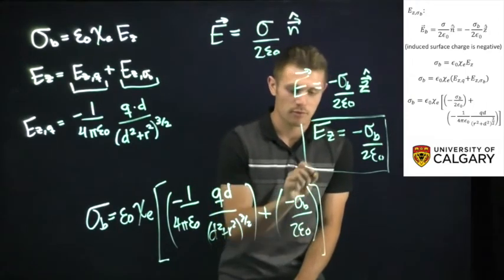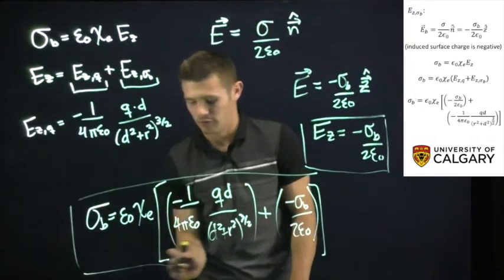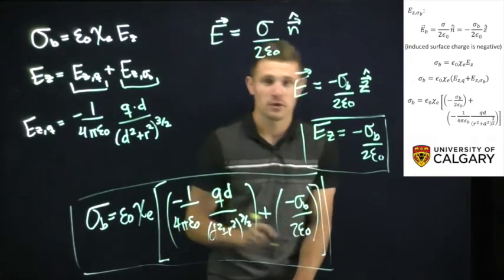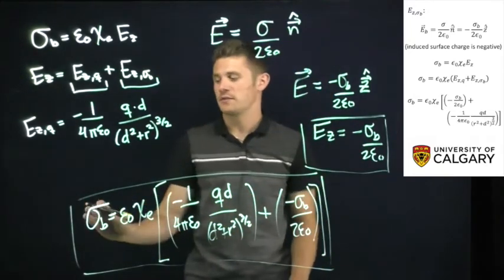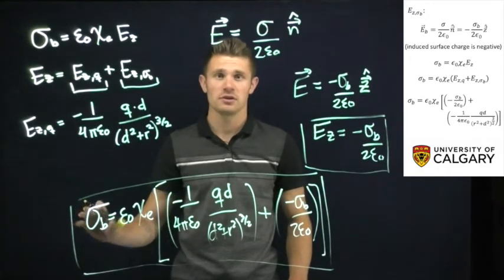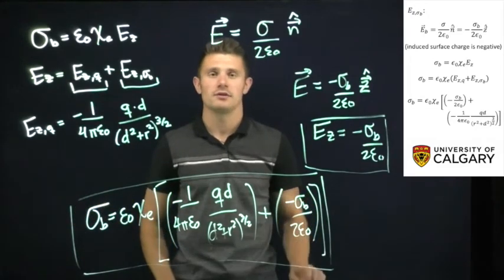And the next step will be to solve for this induced surface charge sigma b, which is more challenging in this case because we have a sigma b on the left-hand side of the equation and we have a sigma b on the right-hand side of the equation.